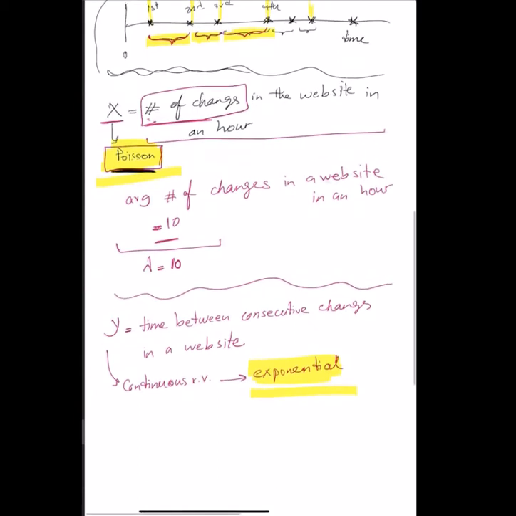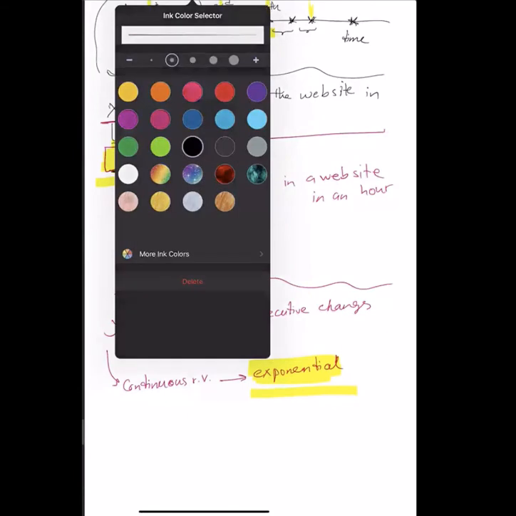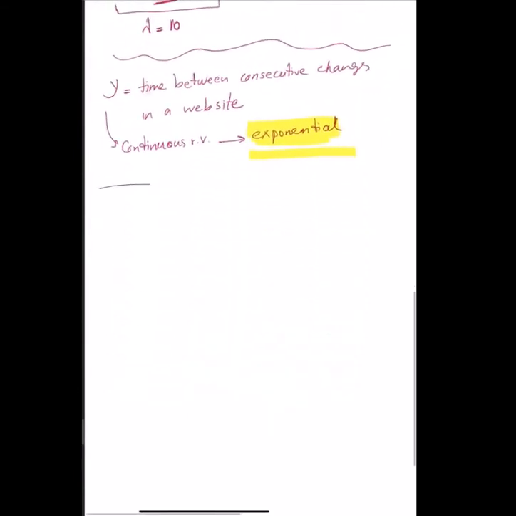So let me write that here. Assume that the time between consecutive changes to a website is 6 days.